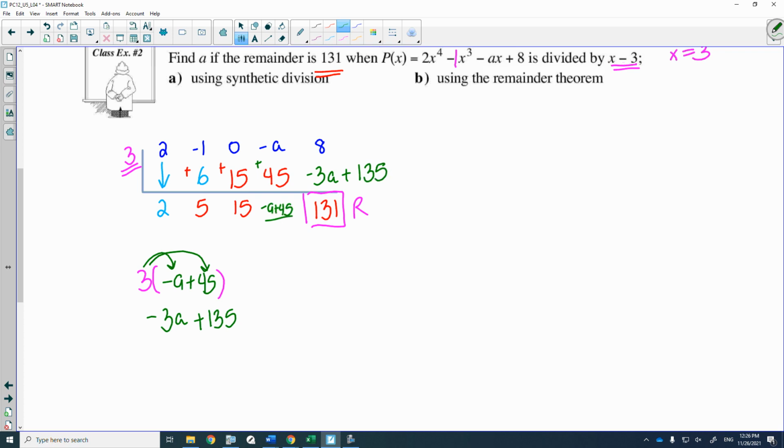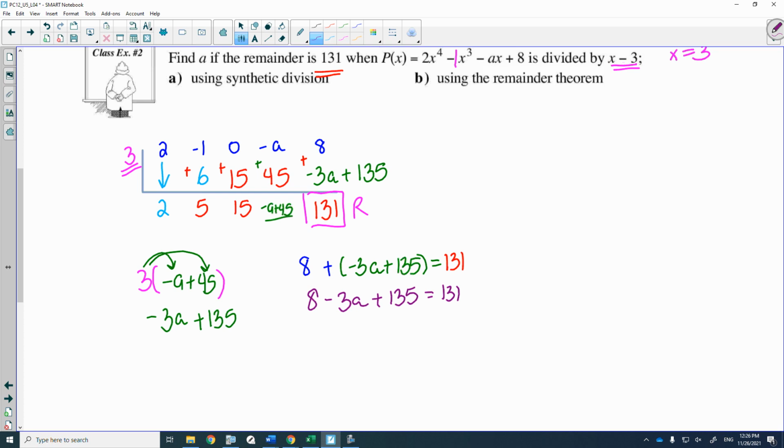To figure out what my a value is, I know in this last column, it is going to be 8 plus negative 3a plus 135 is equal to the remainder. It's always this plus this equals that. So that would be 8 plus negative 3a plus 135, and that is equal to 131. That would be the same thing as 8 minus 3a plus 135 is equal to 131.